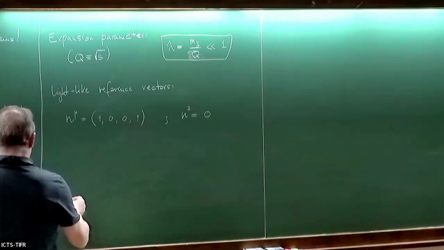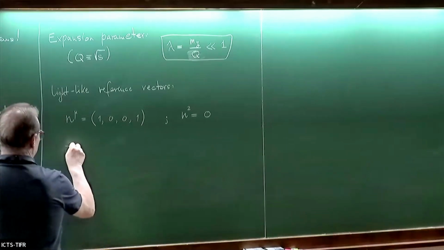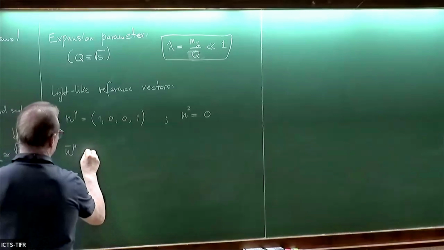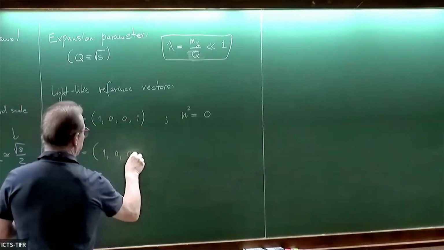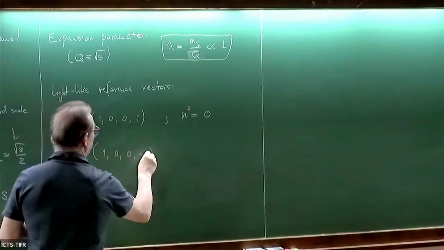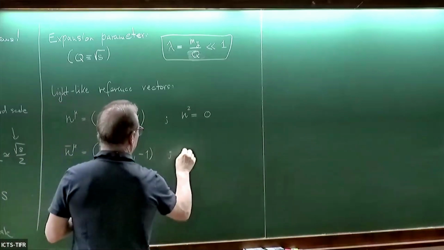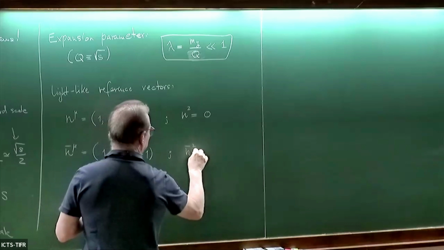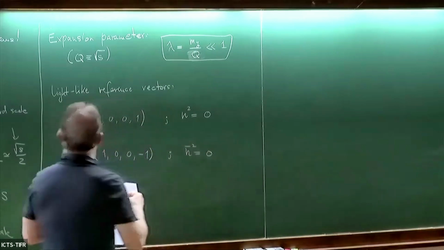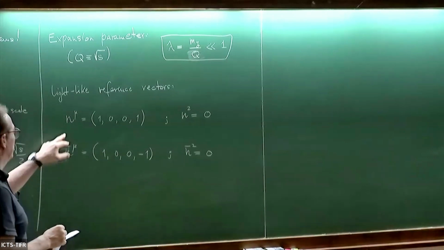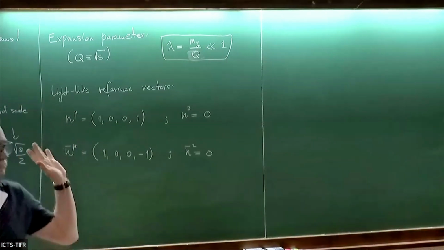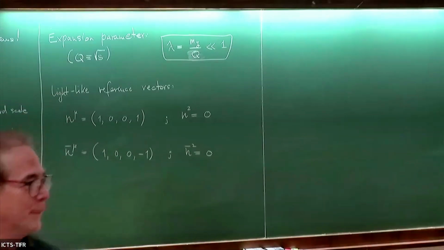And then we introduce a second vector. I'm going to call it n bar, a null vector in the opposite direction, so in the negative z direction. And also this squares to 0. Some people call this n plus and n minus. Some people call it n1 and n2. Up to you. As long as it contains an n, it's okay.